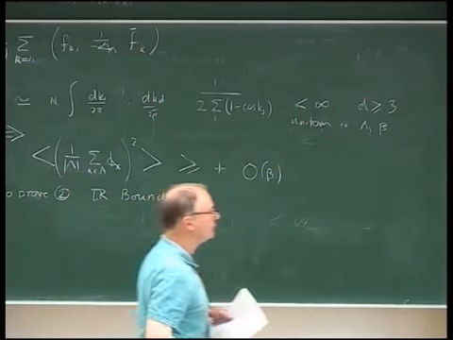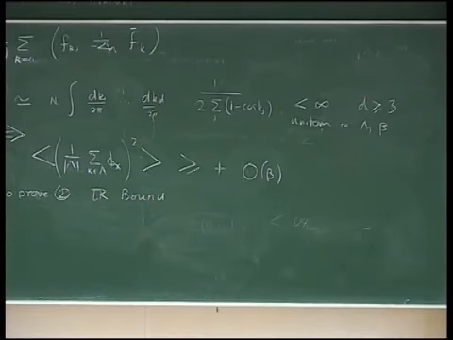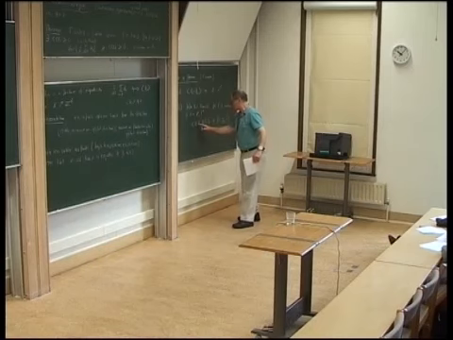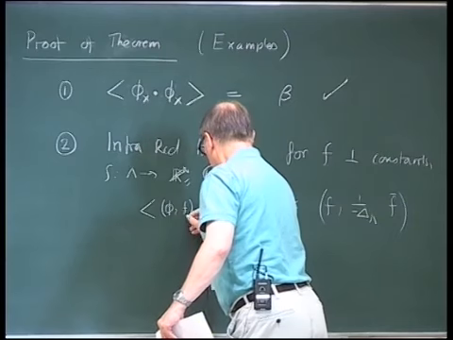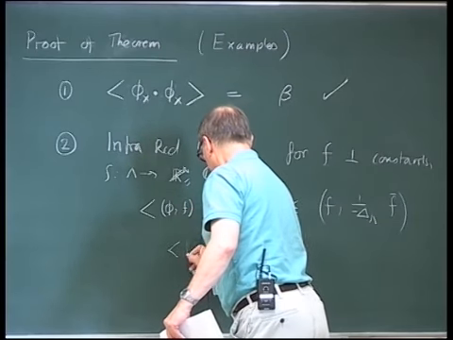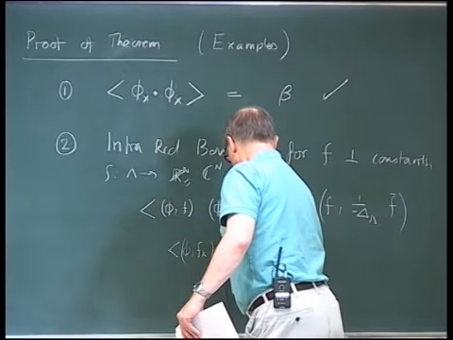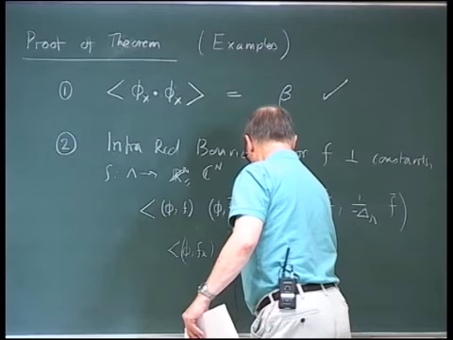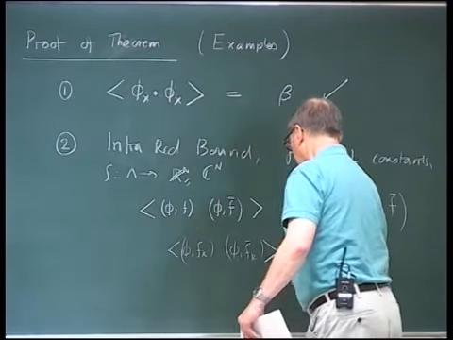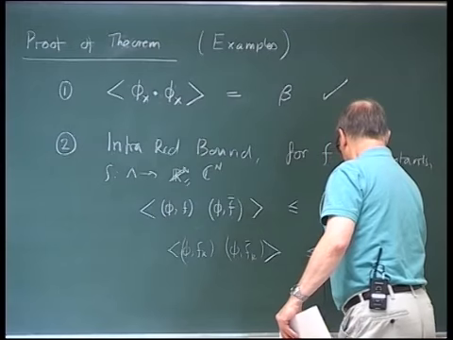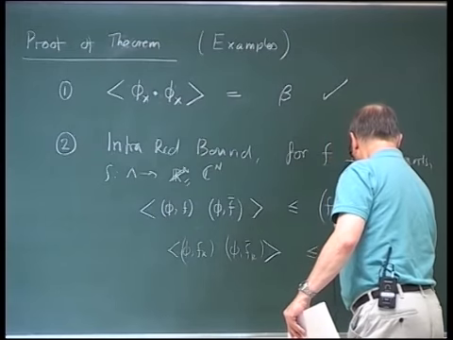Why is it called the infrared bound, by the way? Well, when you put this f equal to that plane wave, like we did just now, it basically says that this thing is less than something like 1 upon k squared.